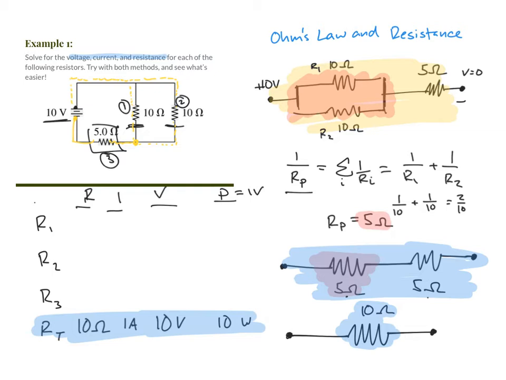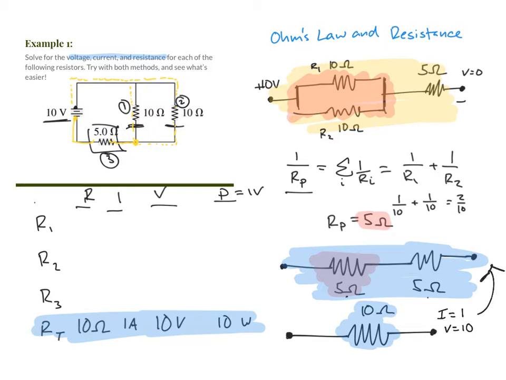Now, if we want to find individual resistors, we've got to work backwards from our total resistance that we found at the end. So now at the end, this had a current of 1 and a voltage across it of 12. Sorry, not 12, it was 10. Voltage across of 10. That's for this whole bottom circuit here.